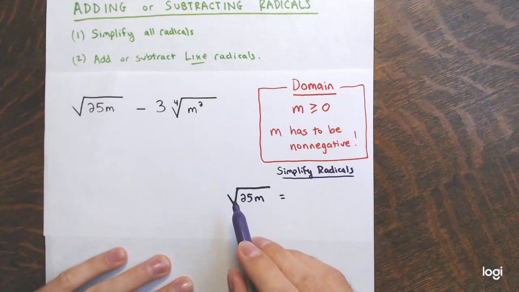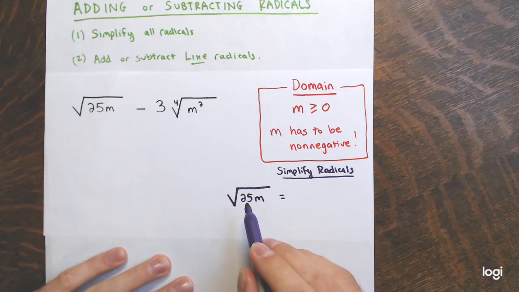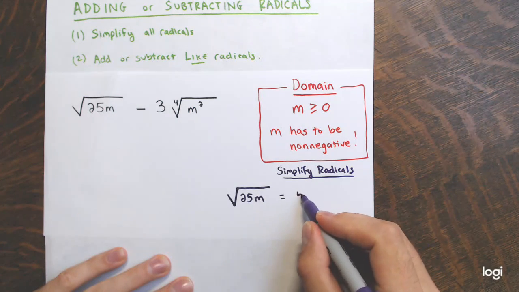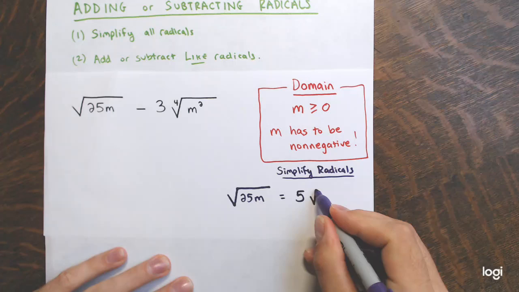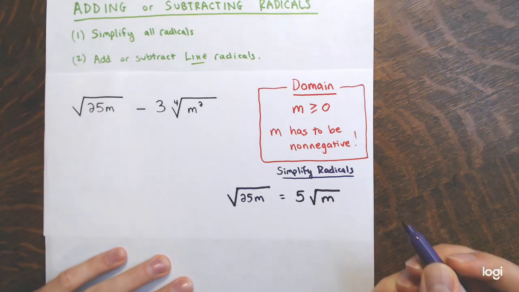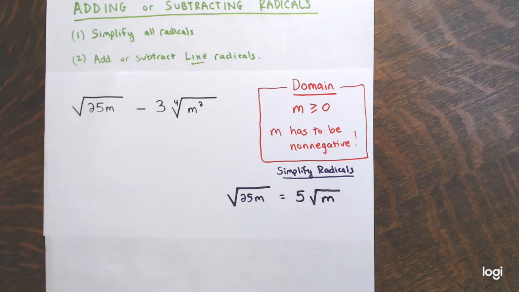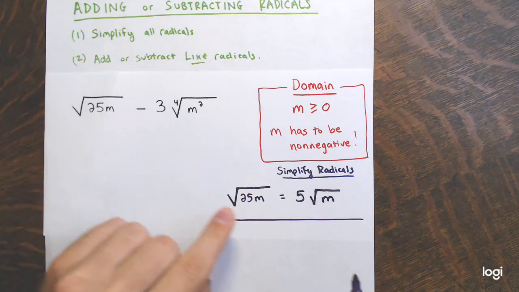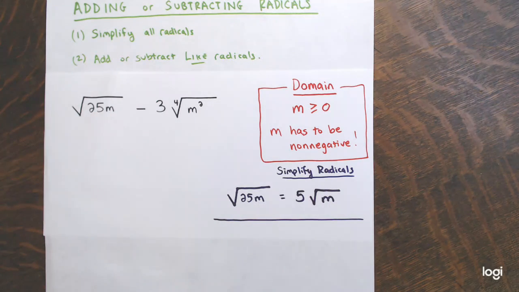Square root of 25. 25 is a perfect square. That's 5 squared. M to the first, that's not a perfect square. So that's going to stay inside the radical. So the square root of 25 is 5 times the square root of m. And that's as simple as that's getting. I'm going to replace the first term with 5 times the square root of m in a little bit.